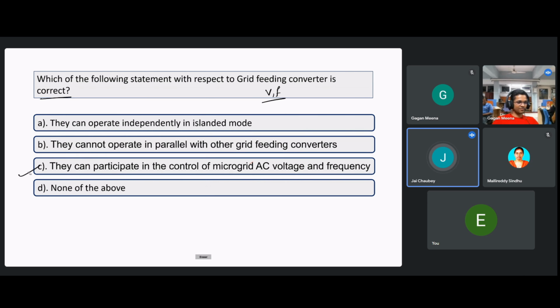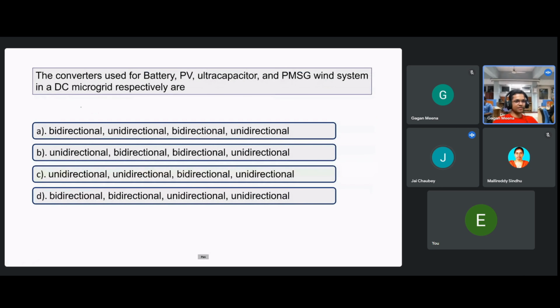So one more question. This is the next question. The converters used for battery, PV, ultracapacitor, and wind system in a DC microgrid are, respectively, bidirectional or unidirectional. So we have to tell which of them will require a bidirectional and which will require a unidirectional converter.